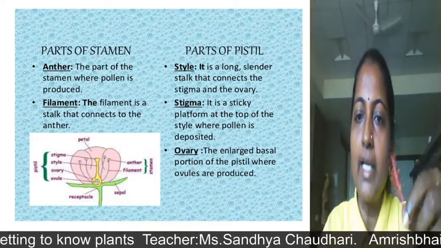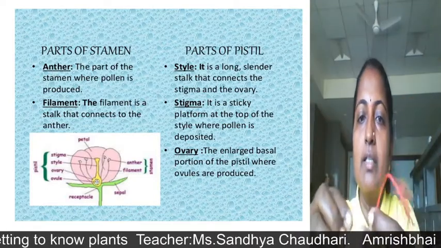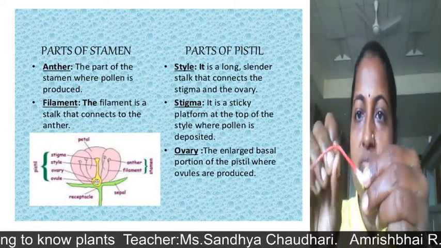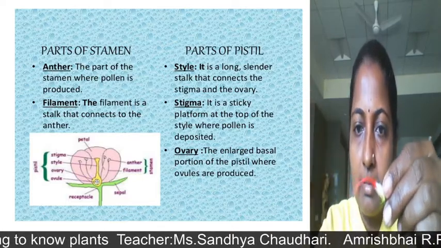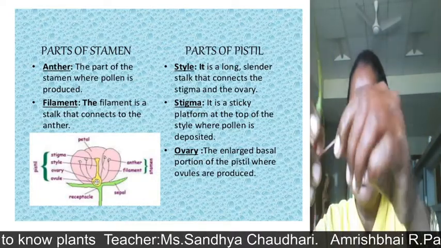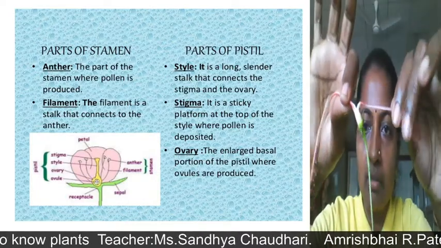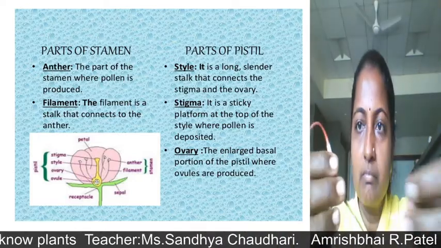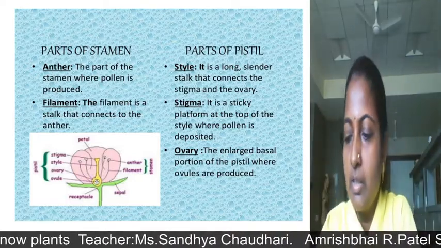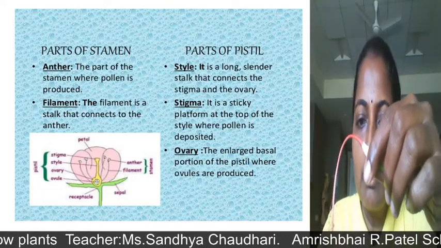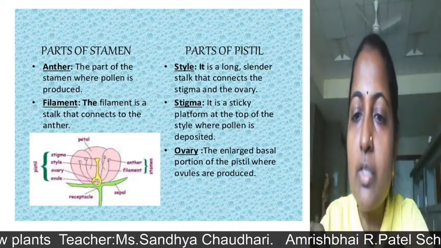And now I will show you inside this. I take a small needle and take out the inner part of a flower. Now inside this you can see a white tube-like structure coming out.